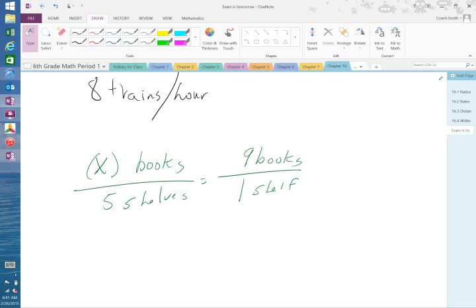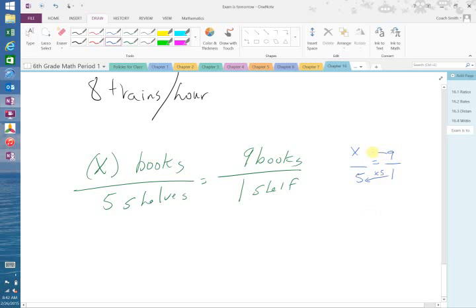In other words, what you want to look at is this right here. You want to take all the words out and just say I have 9 over 1 equals X over 5. What did I do to 1 to make it 5? Multiplied it by 5.